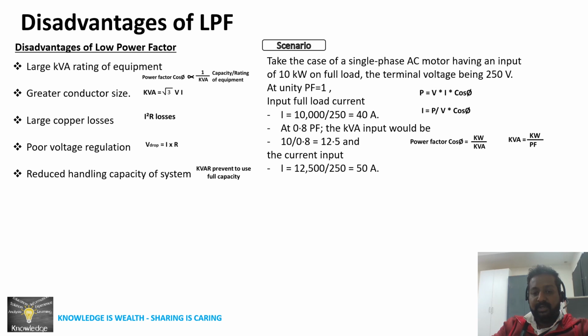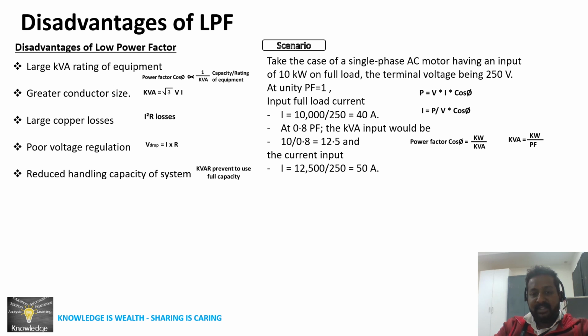So the current input is now P divided by V cos phi, that is 12,500 VA divided by terminal voltage 250, which is equal to 50 amps.